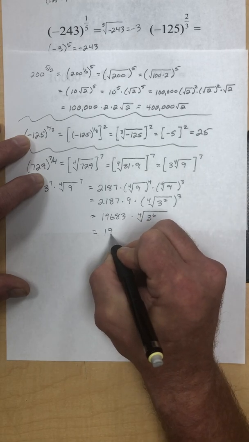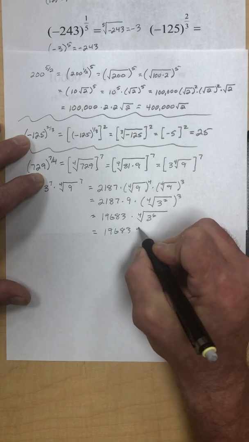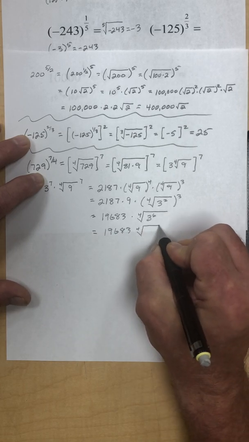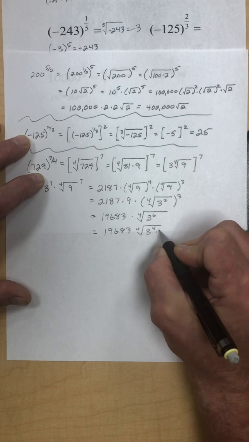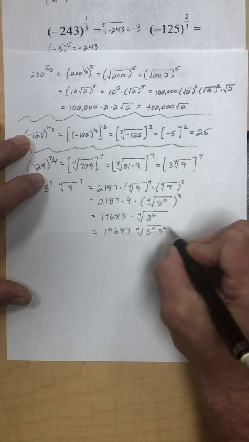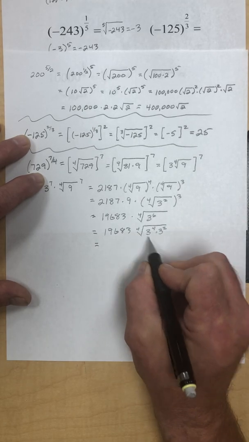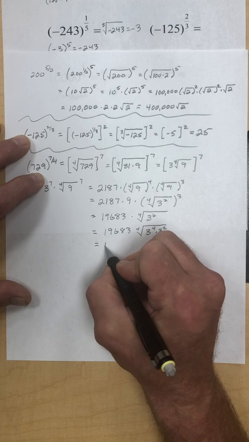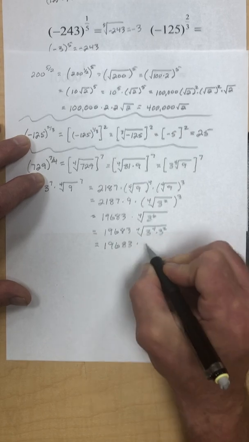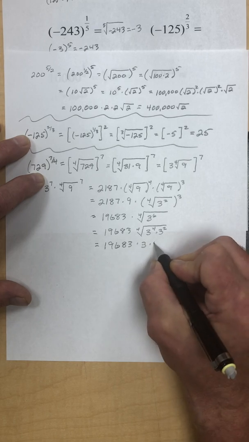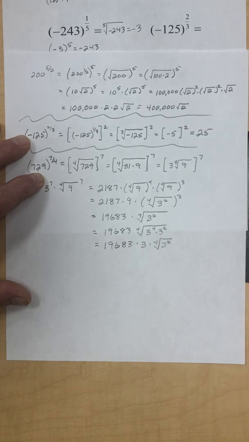So I got that 19,683, and then I'd have the 4th root of 3 to the 4th times 3 squared. Well, the 4th root of 3 to the 4th is just 3. So I get 19,683 times 3 times the 4th root of 3 squared.